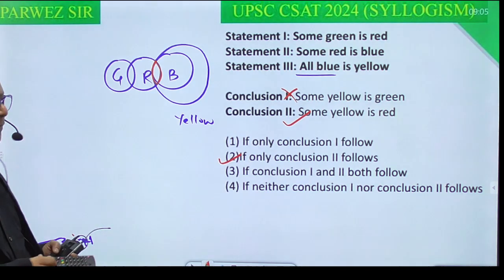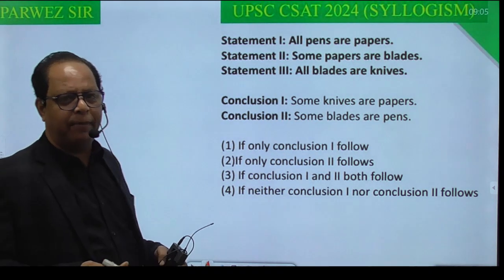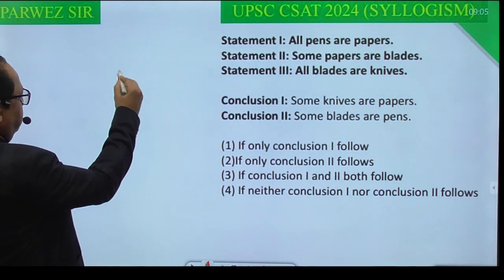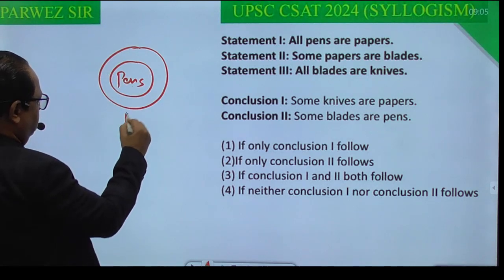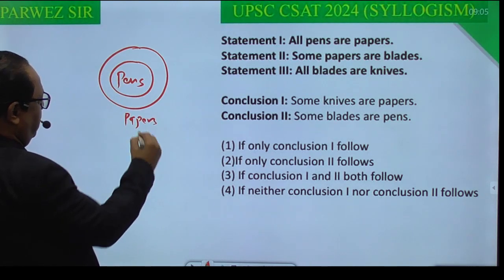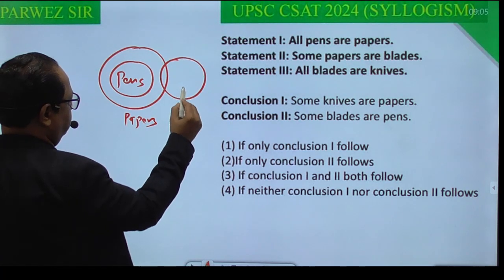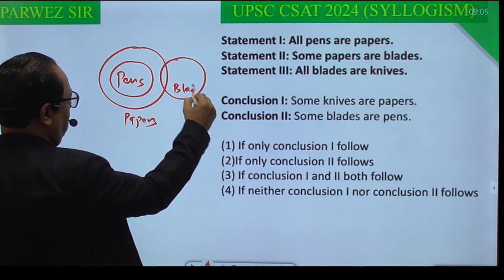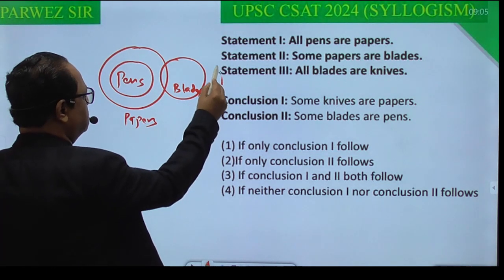Now taking the next question. All pens are papers. Some papers are blades. And all blades are knives.